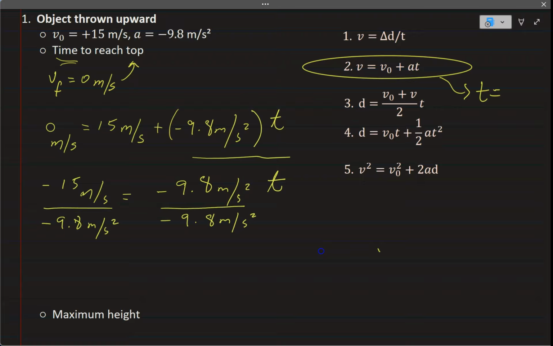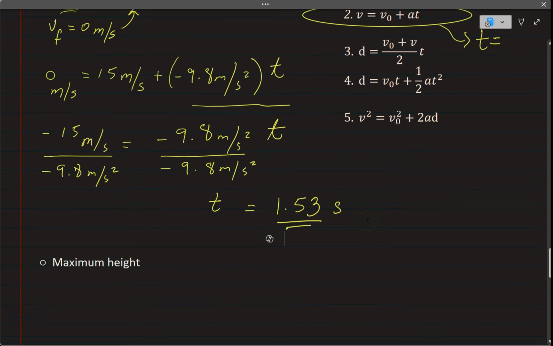If you've done everything correctly, your time should end up being positive, which it is. Negative 15 divided by negative 9.8 gives a positive value. So your time will end up being 1.53 seconds. Okay, leave it at 3 sig figs with 2 decimal places.